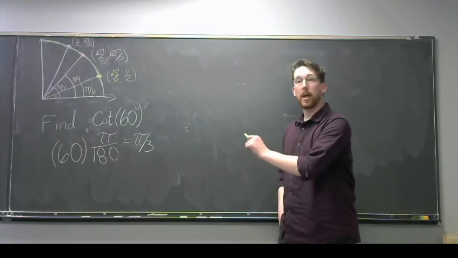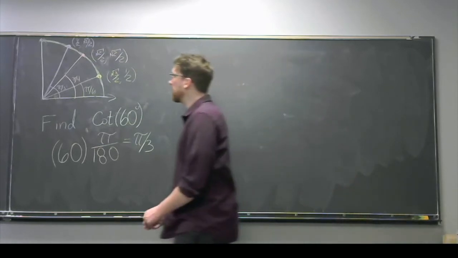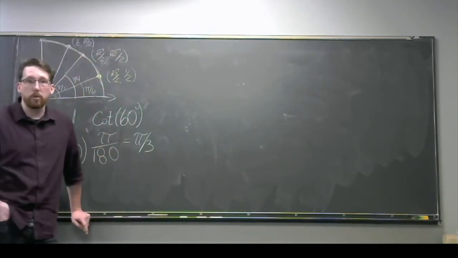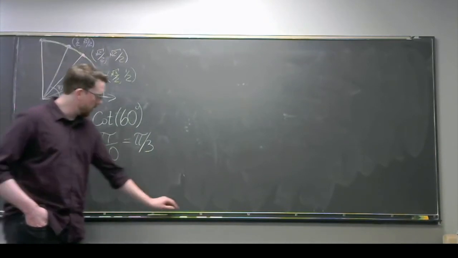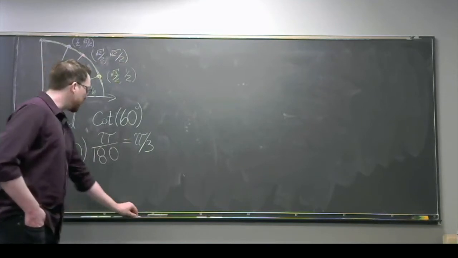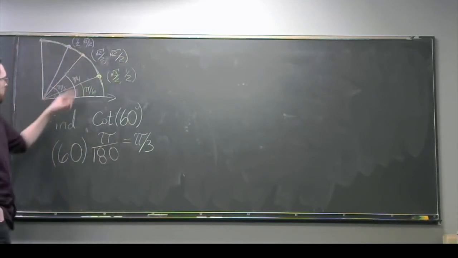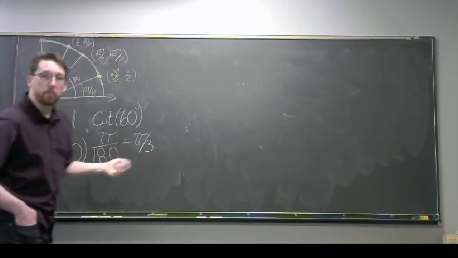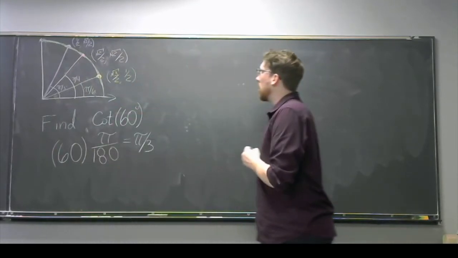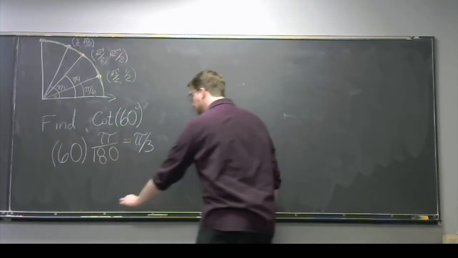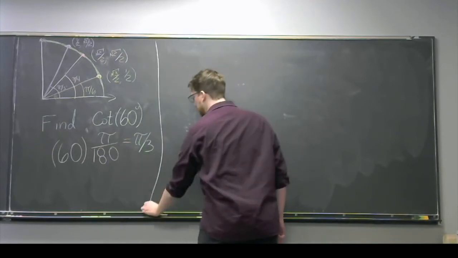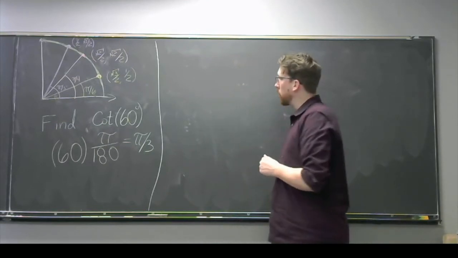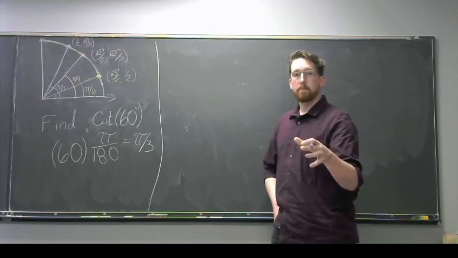Okay, well we know that. We know what the unit circle tells us for pi over 3 radians. That's this top purple case up here, right? We start off at pi over 6, then we go up to pi over 4. Next we're at pi over 3. Next we want to know what cotangent is, right?